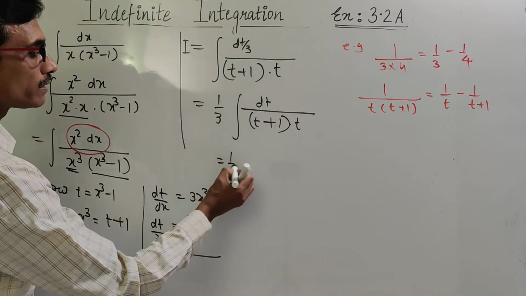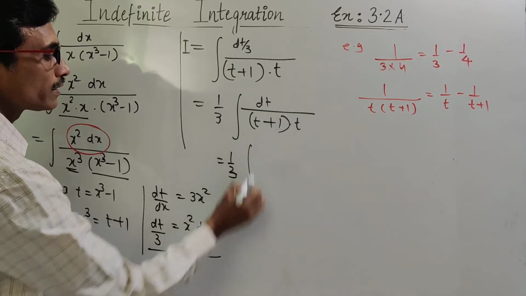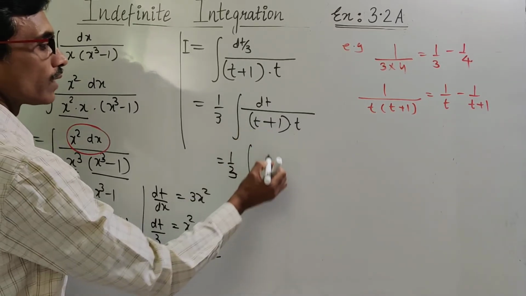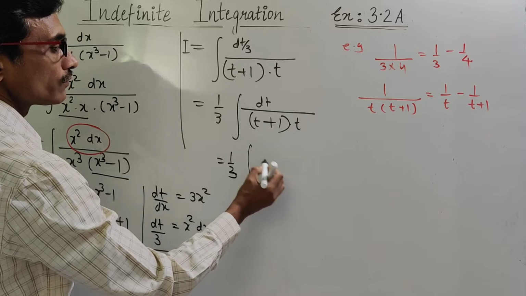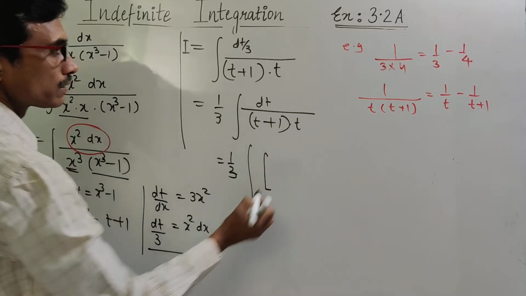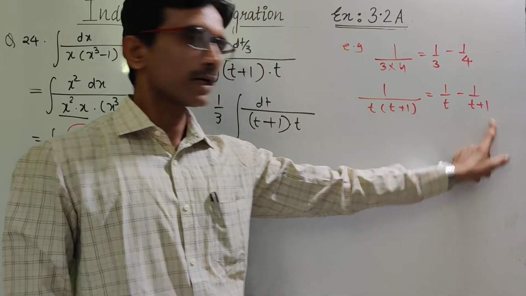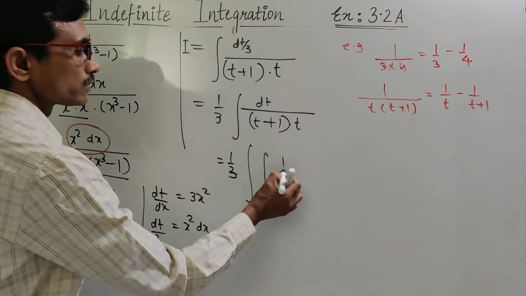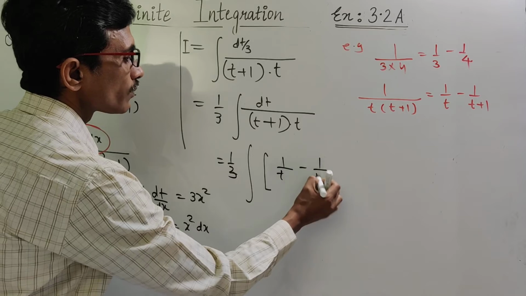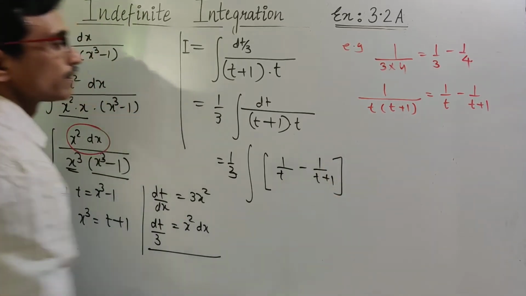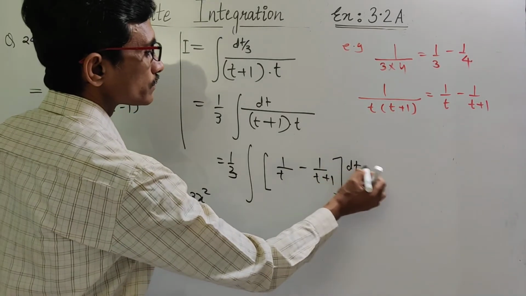This will be 1 by 3 integral of 1 upon t into t plus 1, which we will write as 1 by t minus 1 by t plus 1. So it is 1 upon t minus 1 upon t plus 1 dt as it is.